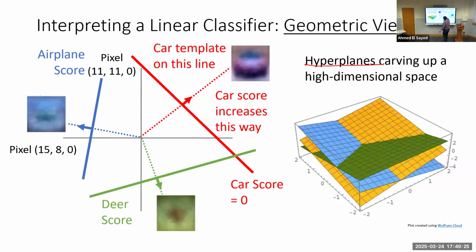Here, I'm having 2 features, that's why it's a line. If you have 3 features, it will be a physical 3D plane. If you have 4 features, it will be a 4-dimensional plane. If you have 3,000 features, it will be a 3,000-dimensional plane. That's why it's called a hyperplane, which means it's a plane, but in a higher dimension. Okay?